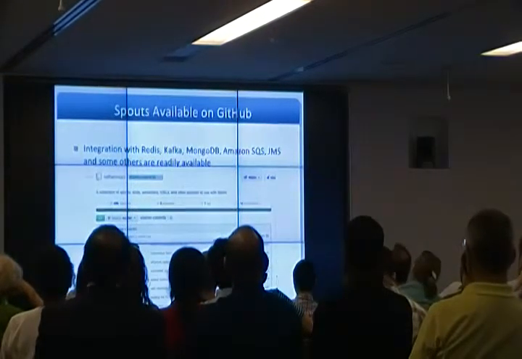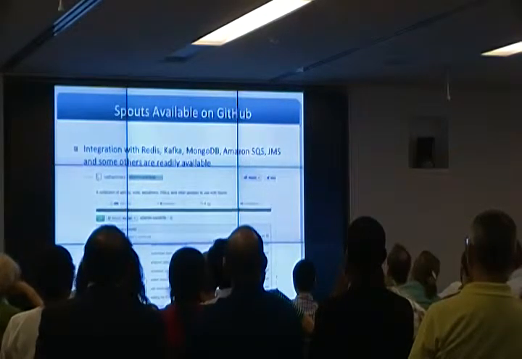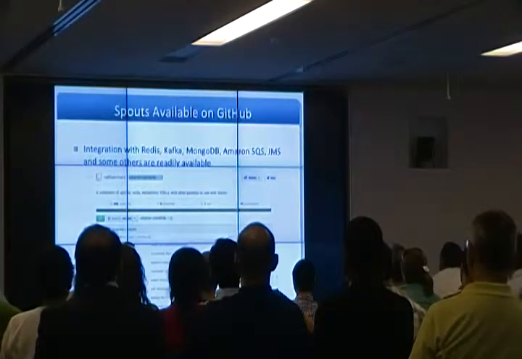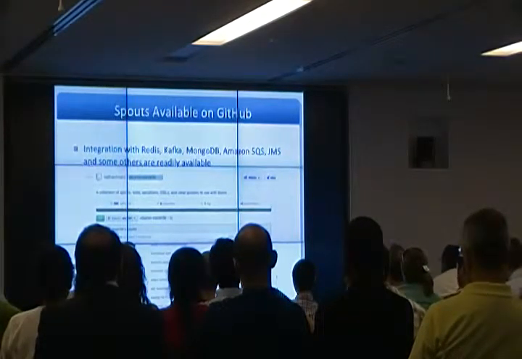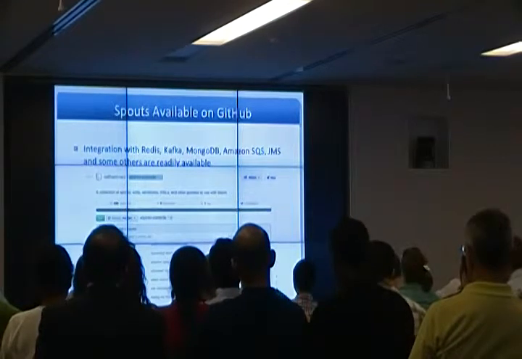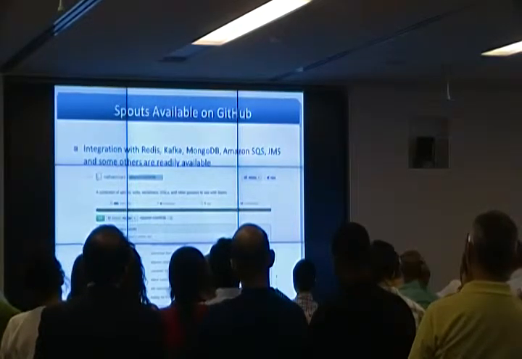Even that you don't have to do in real life. There are so many ready-available spouts on GitHub, integrations for Redis, Kafka, MongoDB, Amazon, and many others. There's a project on GitHub called Storm Contrib where people contribute their integrations.